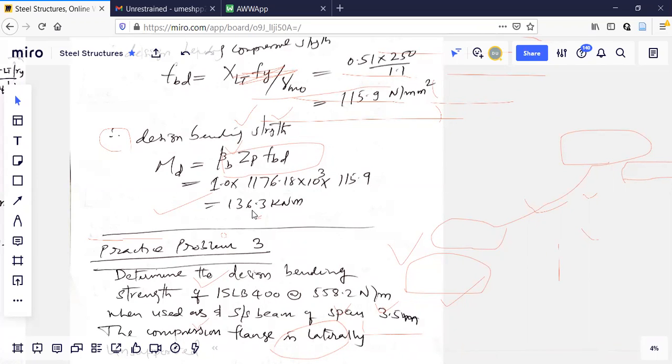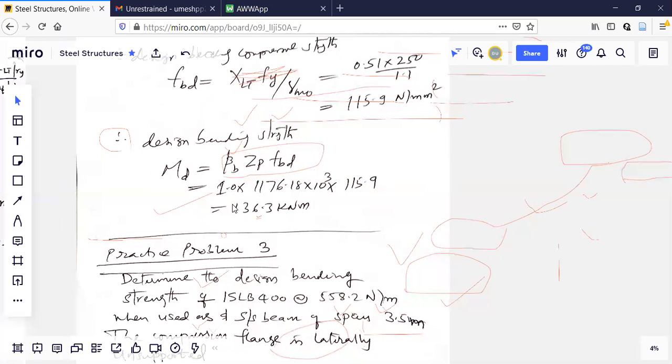Loading should be such that the bending moment produced should never be more than 136.3. This is how I am able to tell you that this much is the moment carrying capacity.